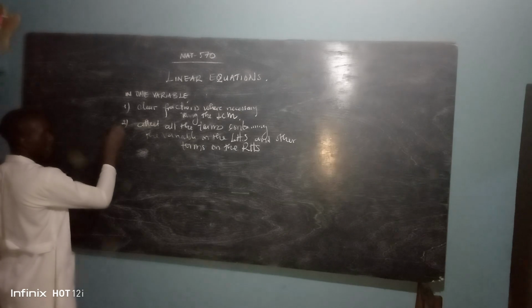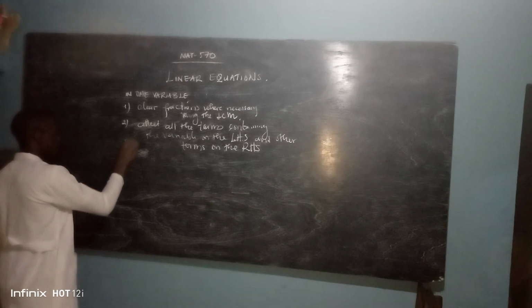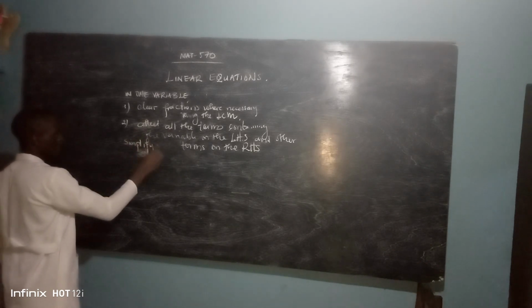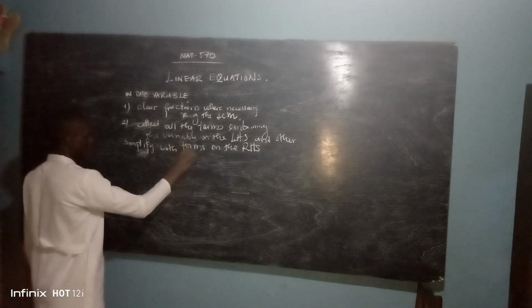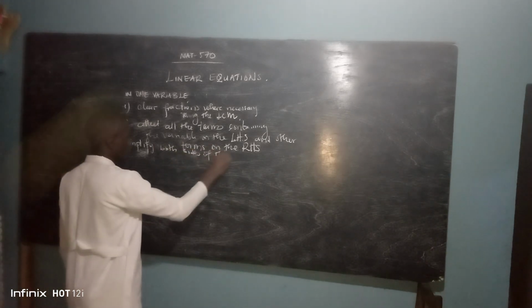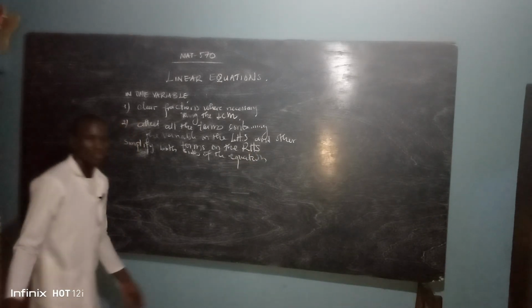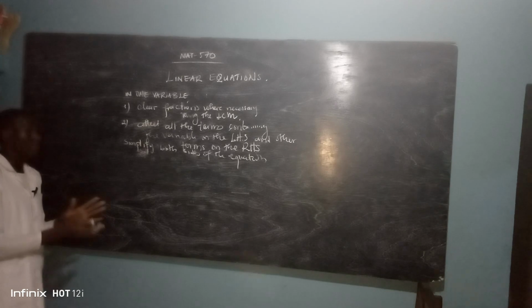Before even this, there is another one. You have to simplify brackets. Simplify both sides of the equation first. So if you have an expansion, you expand. You collect like terms, you group them together and simplify.